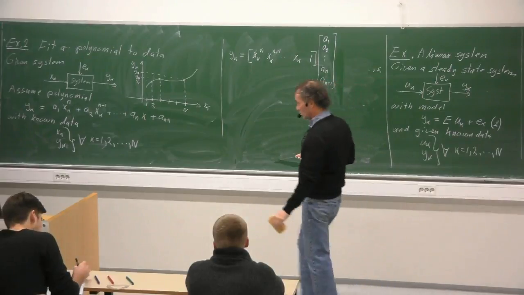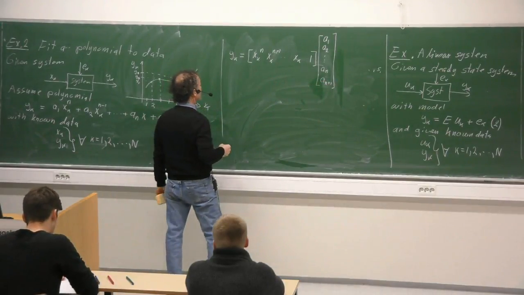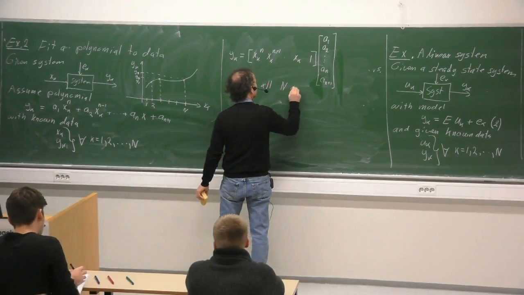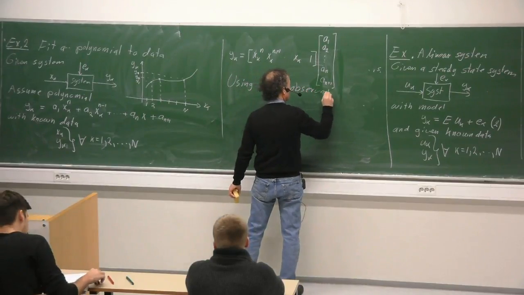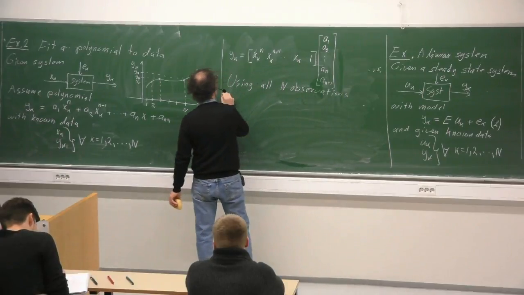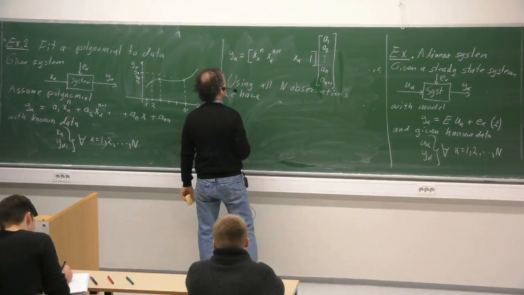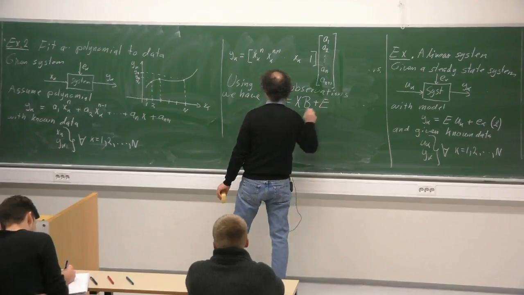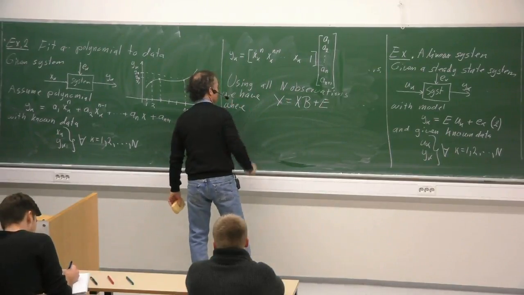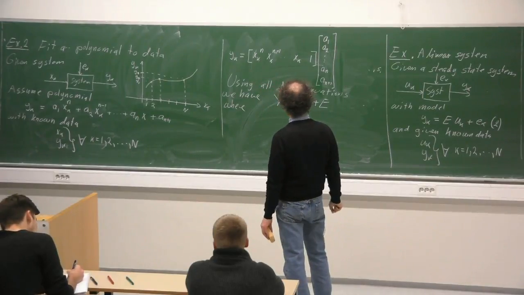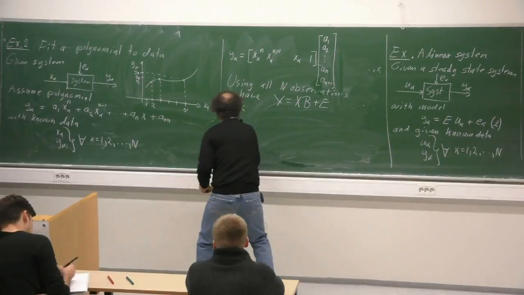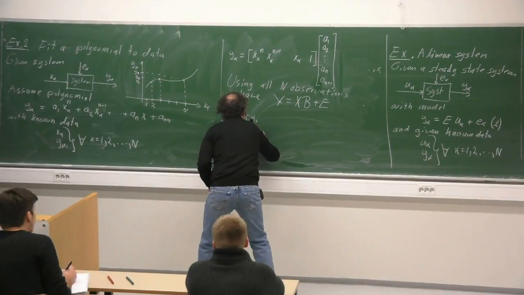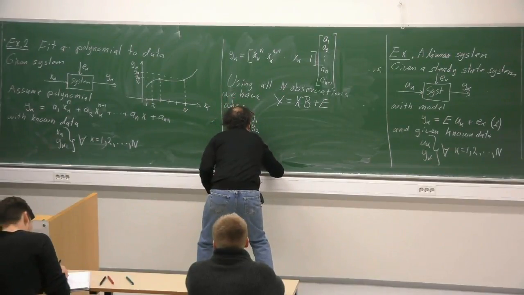And using all n observations, we have a matrix equation y equal to X times b plus E, where this data matrix y is simply equal to output at time 1, output at time 2, and down to the last one.